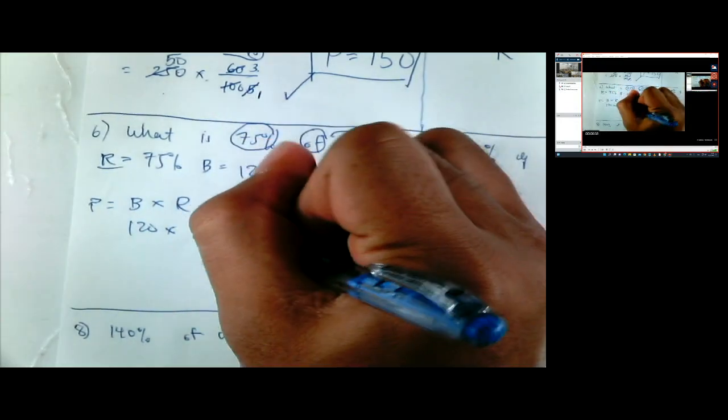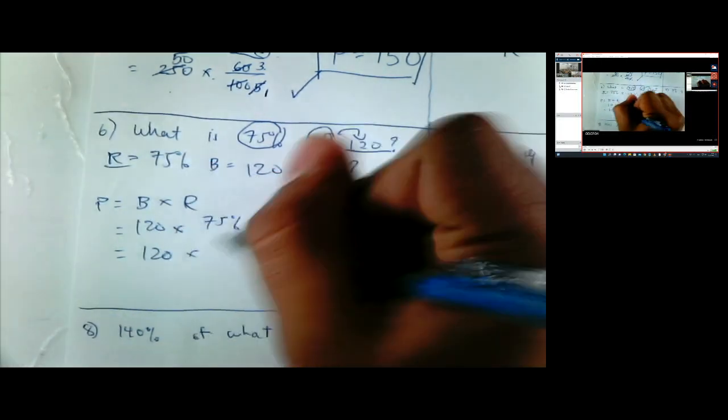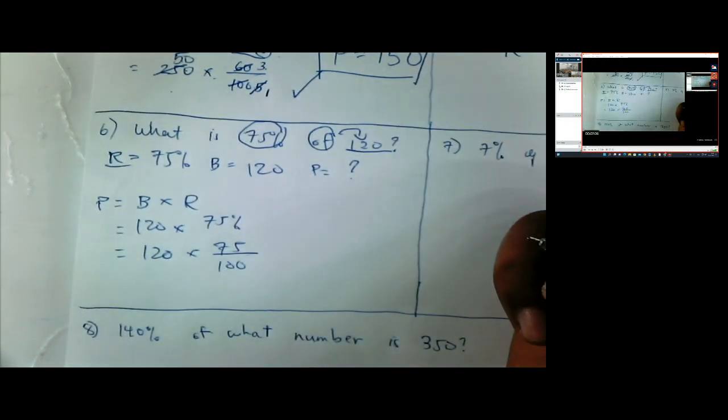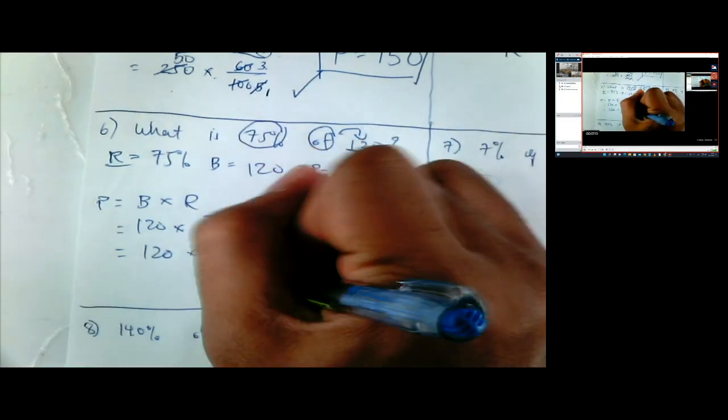And since our base is 120 times our rate, which is 75%, and if we're going to convert 75% into fraction, that would be 75 over 100. So we don't have the percent value anymore. And we can simplify 75 and 100, right?